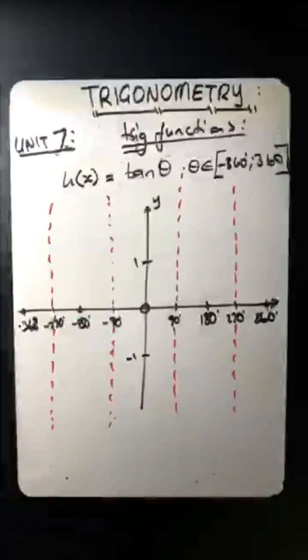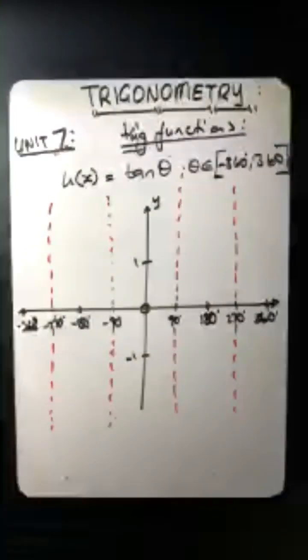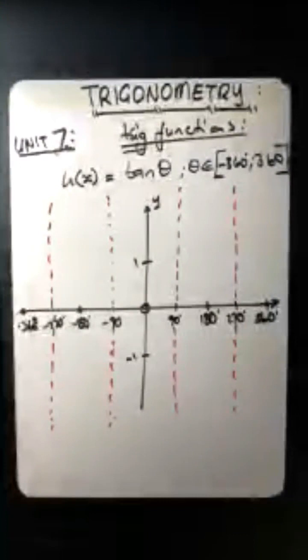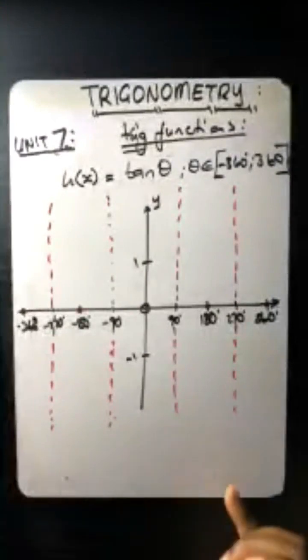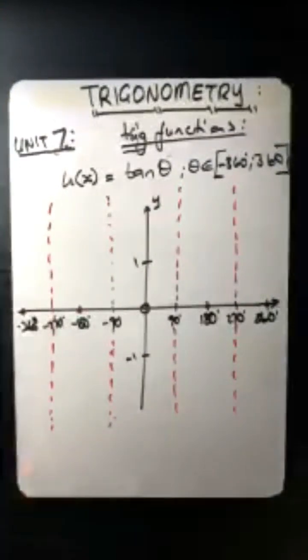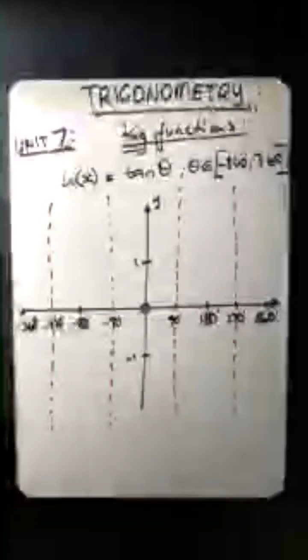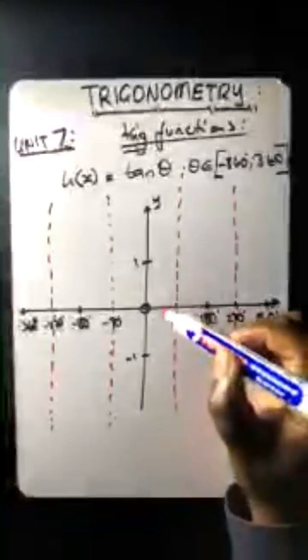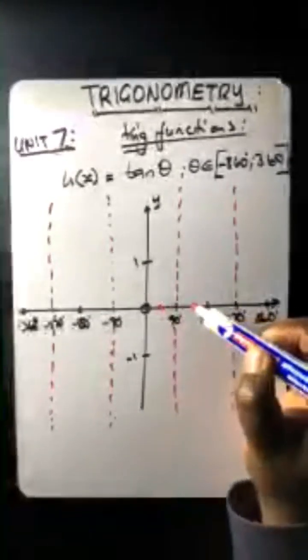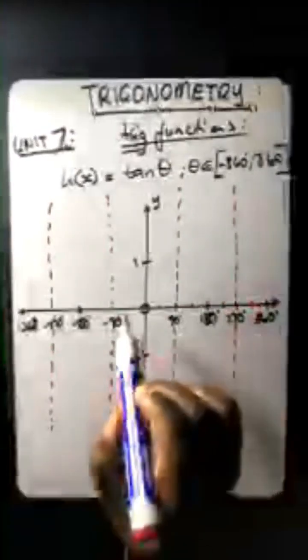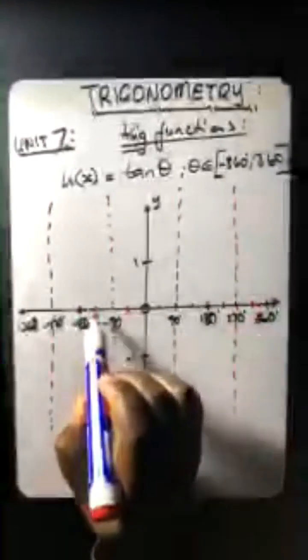This is where you need what we call the critical points. What are the critical points? Critical points are those points in between your major values.